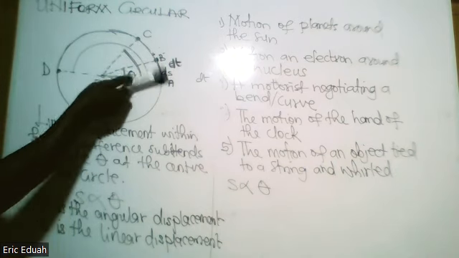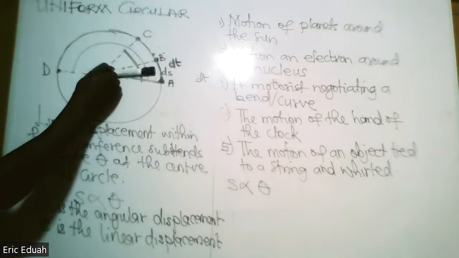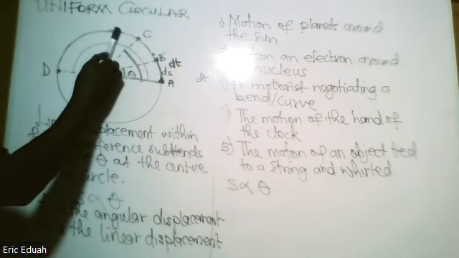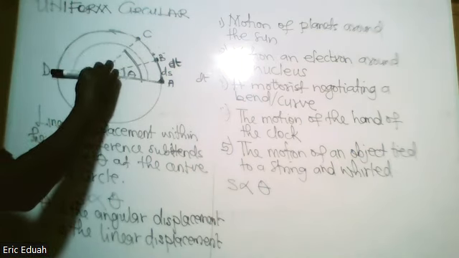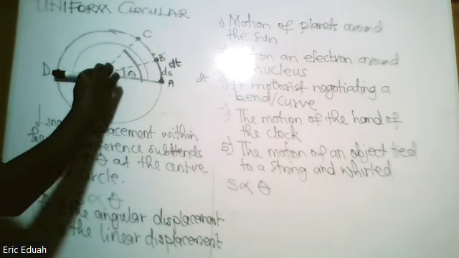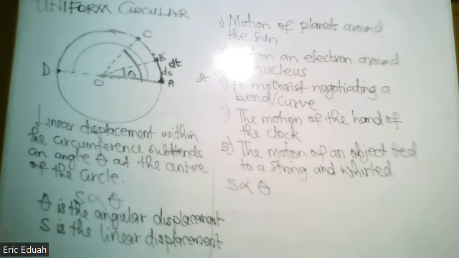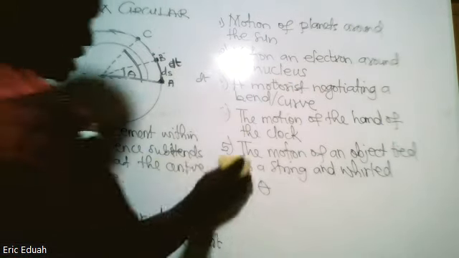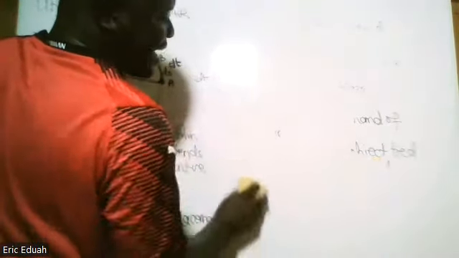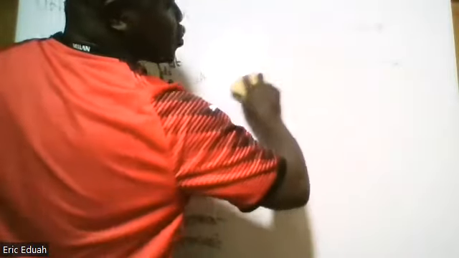From A to D, it appears the radius is sweeping a certain angle corresponding to the new position of the object. So we define the angular displacement. The angular displacement theta is defined as the angle which is swept by the radius of the circle at the center.